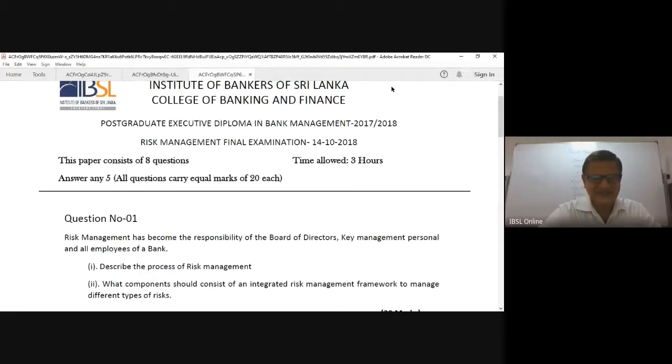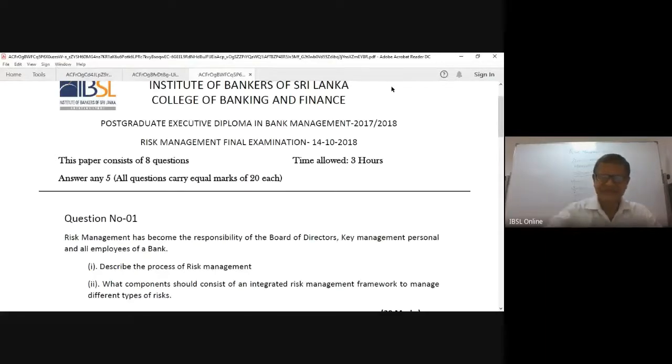Then it says, second one, what components should consist of an integrated risk management framework to manage different types of risk? Now you need to understand here, they are talking about two keywords. What components of integrated risk management?